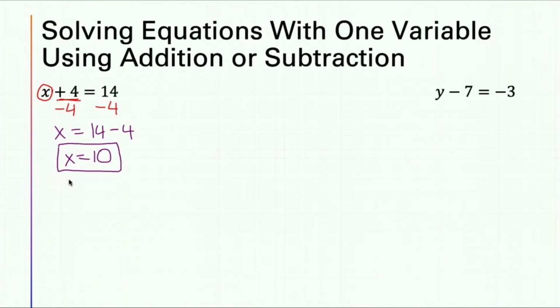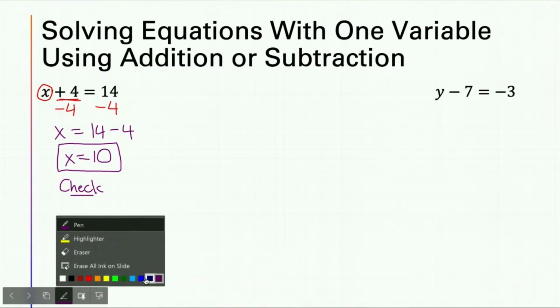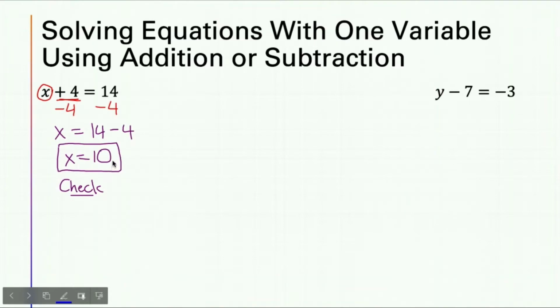Of course, you can always check. If this is correct, our equation up here will be true. But how do you check? Well, you use the 10 that you got, your solution, and plug it in for x. So if our solution here is 10, then we put it in x.